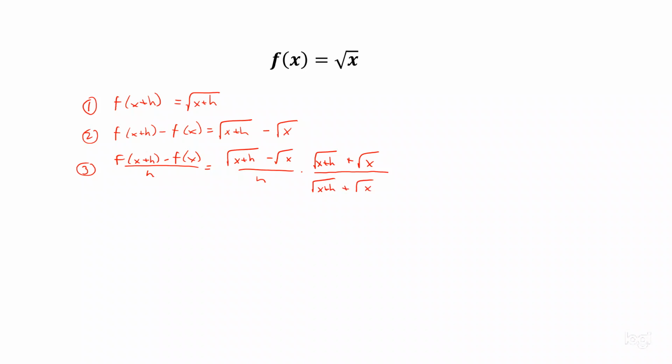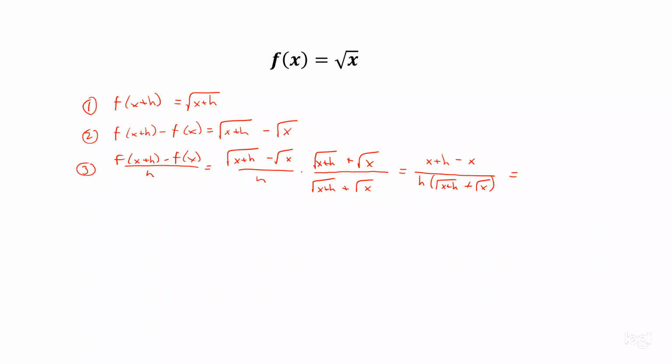And the thing to recognize here is we're multiplying by the difference. This is a quantity a minus b times a plus b. That's a squared minus b squared. So our numerator becomes square root of x plus h squared, which is just x plus h, minus square root of x squared, which is just x, all divided by h times square root of x plus h plus square root of x.